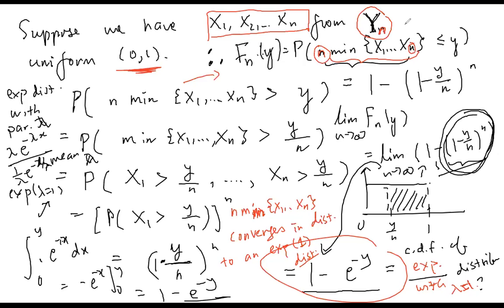This random variable will converge in distribution to the exponential 1 when your sample size increases. So if you take more and more samples, its distribution will in the limit be like the exponential distribution. This is where we can claim convergence in distribution.